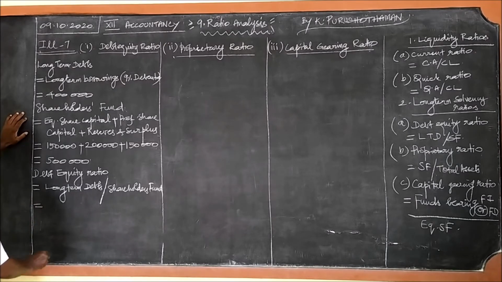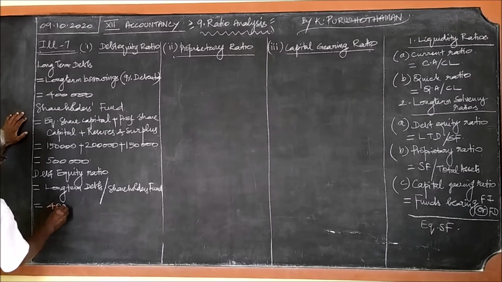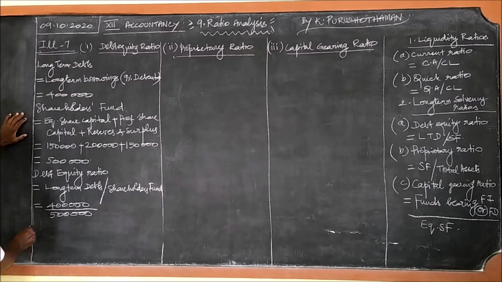Long-term debts 4 lakhs by shareholders fund 5 lakhs, and this is equal to, put 1 for the denominator, then you write 4 by 5.